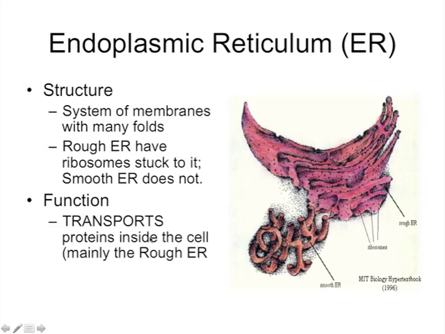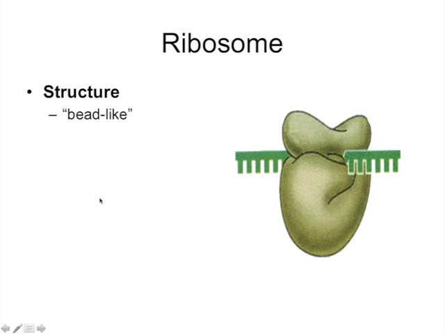So it makes sense that we'd have these little ribosomes that make the proteins stuck right on the sides of the transportation system. Those ribosomes are going to make those proteins, and the proteins are going to move immediately right into the transportation system, the ER. The ER is going to move those proteins to wherever they need to go within the cell. So again, structure and function related to each other.